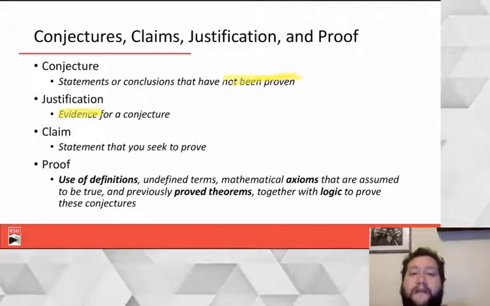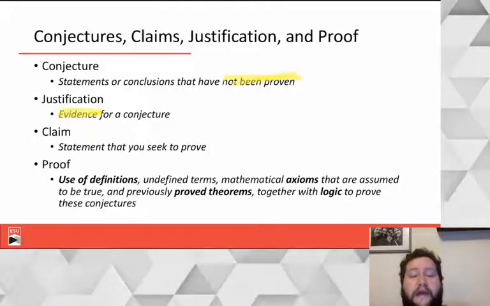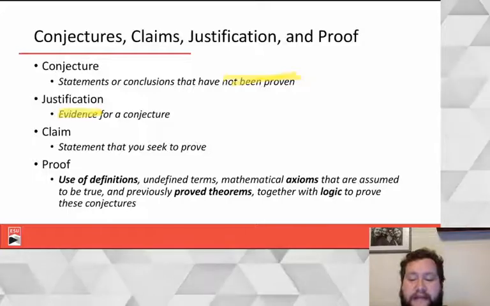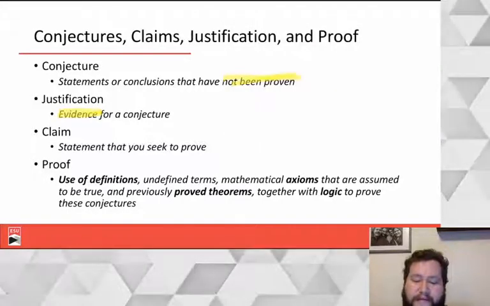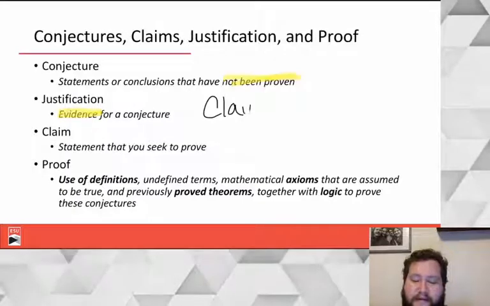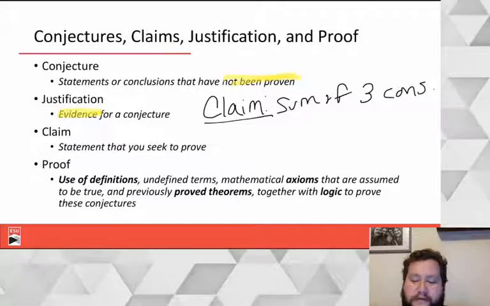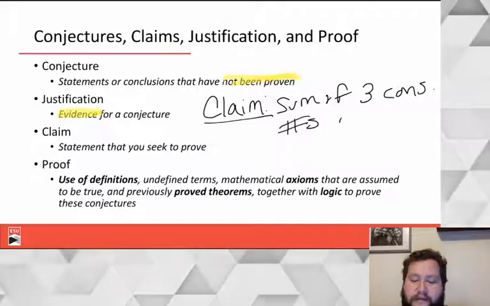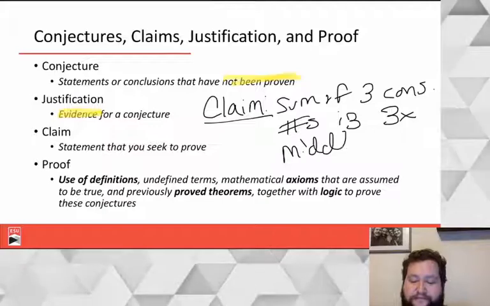And so I'm feeling pretty confident this conjecture is always true. And so that kind of elevates its status to a claim. And I'll have this on the next slide. But like our claim is that the sum of 3 consecutive numbers is 3 times the middle number.